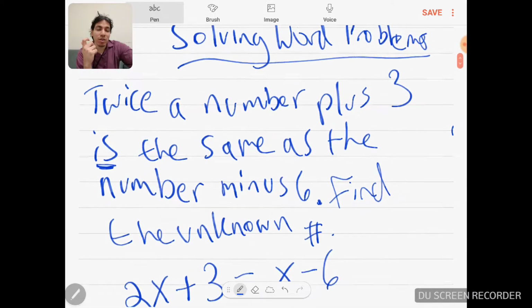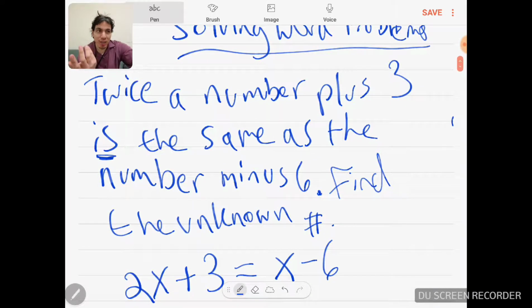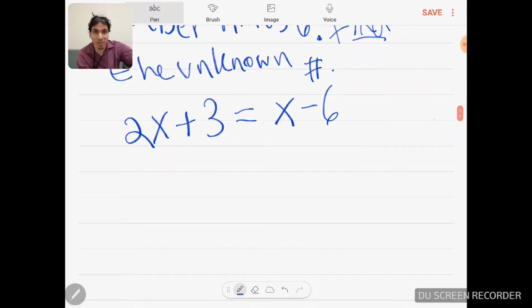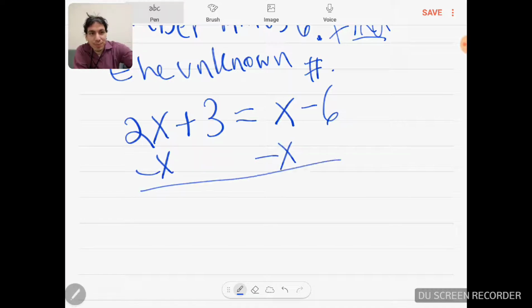So if the question just said create the equation and not solve it, then you'll be done. What tells you that you have to solve this equation is find the unknown number. That obviously tells you what you need to do. So now that you set it up, now you gotta solve for it. So let's see, what do I get? I'm gonna move the variables over to make things easier.